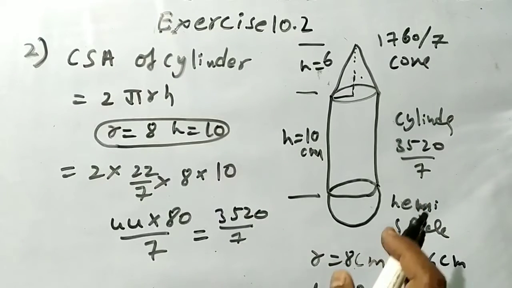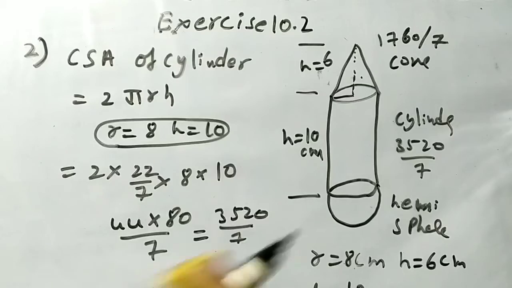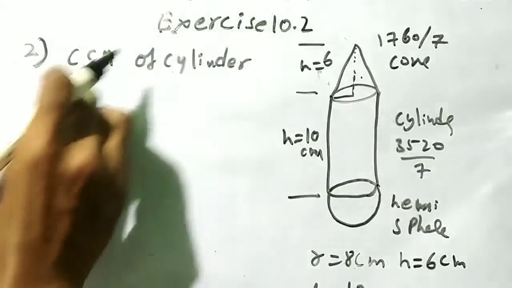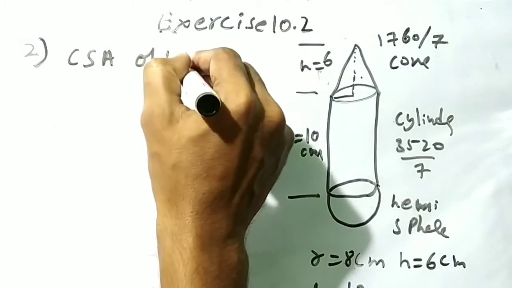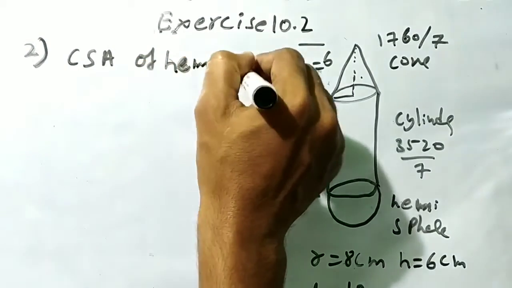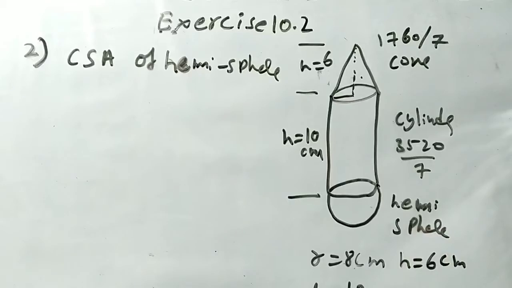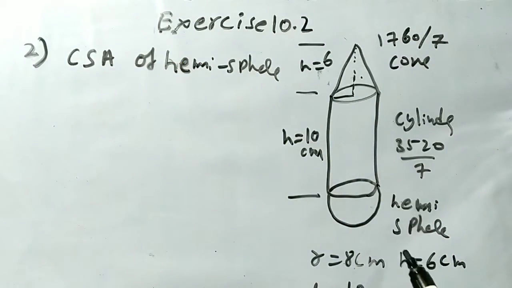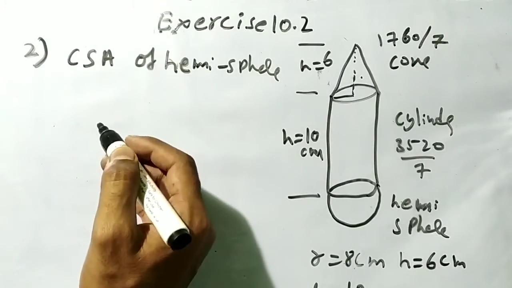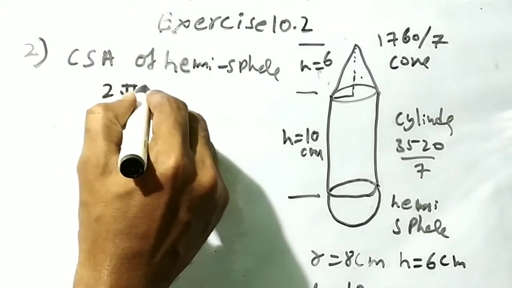We have to find the hemisphere also. So let's erase this. And here the hemisphere. So for the hemisphere, the CSA is nothing but 2 pi r square.